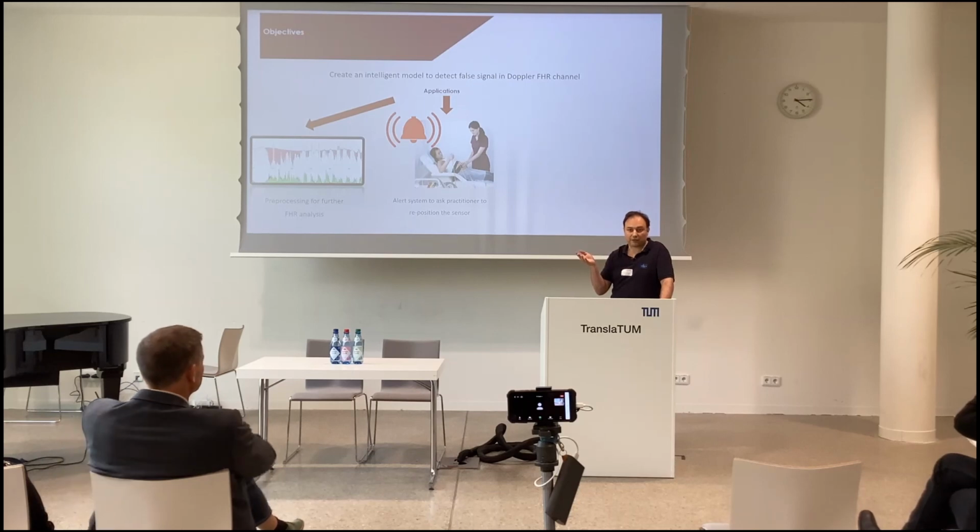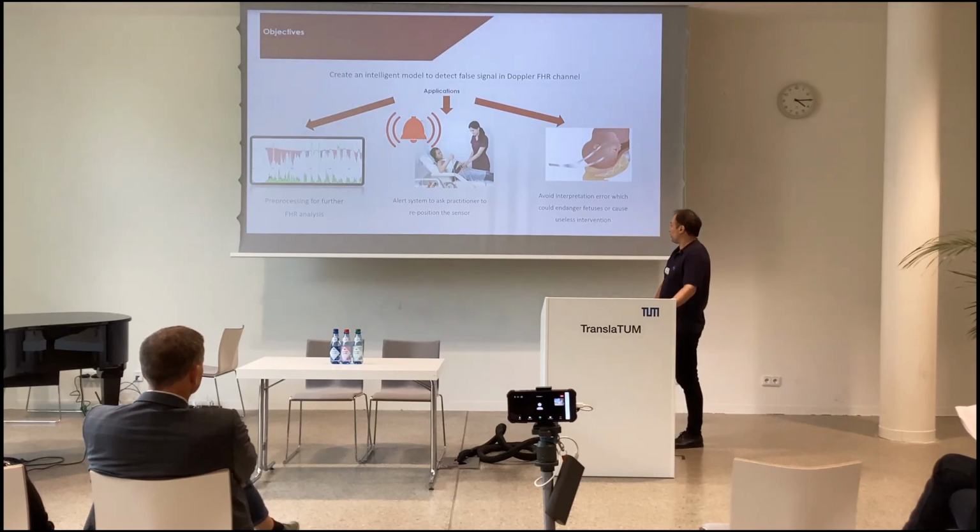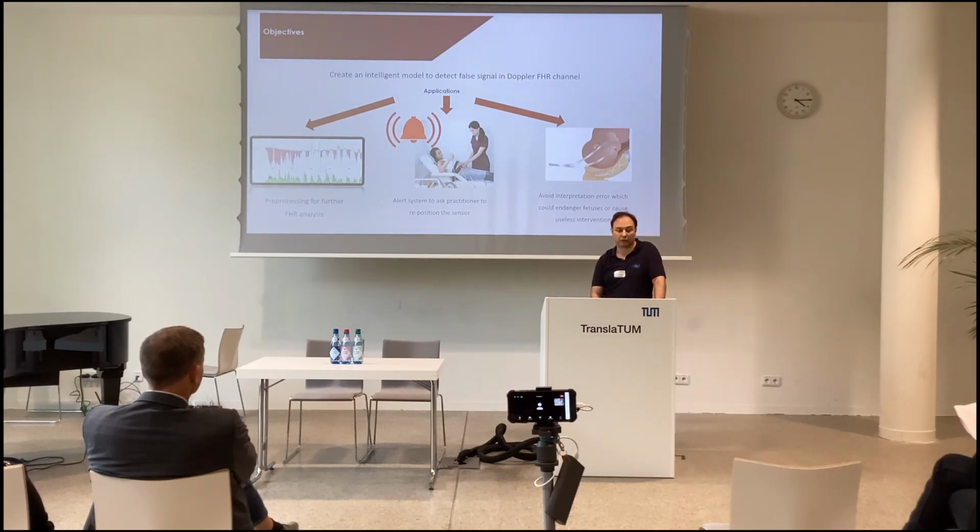But if there is no maternal heart rate, there is no alarm, and if the signals coincide, there are a lot of false alarms, so it would be better to have a smarter system. And at last, we could avoid some errors of interpretation, which could cause several damages.